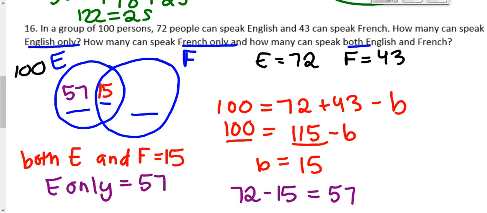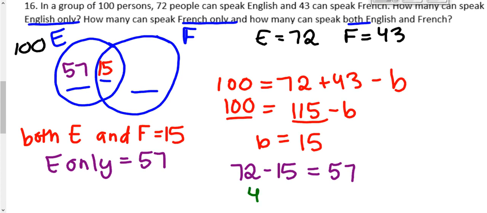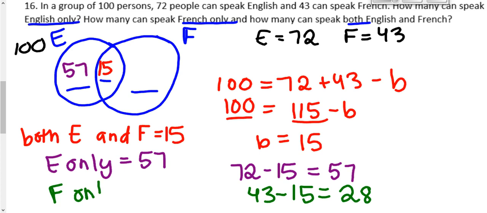And then finally, we take our total of French speakers, which is 43, and subtract out the overlap. 43 minus 15 is 28. So French only is 28. And that's that part. So that's all three parts of this problem.